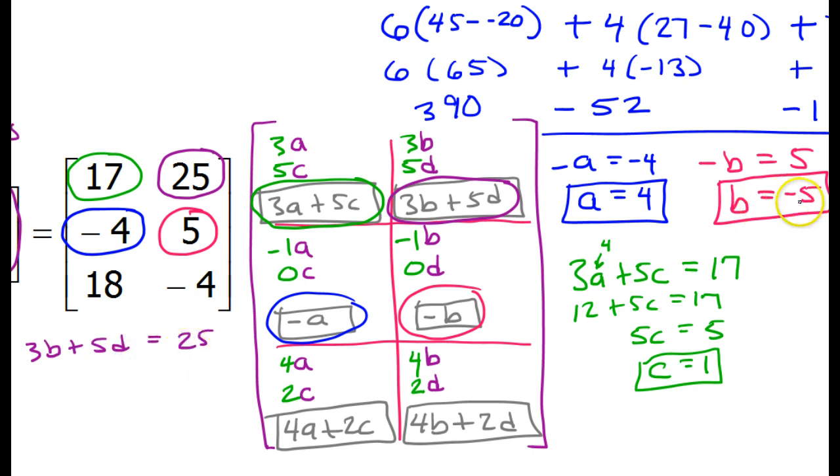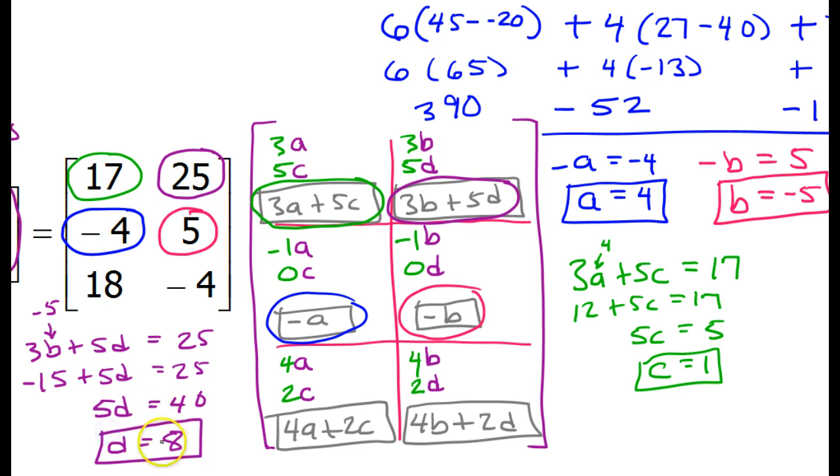But we already know that B is negative 5. That's going to make this negative 15. Adding 15 to both sides is going to give me 40. So that means 5D is equal to 40. Dividing both sides by 5, and I get D is equal to 8. And that's it.